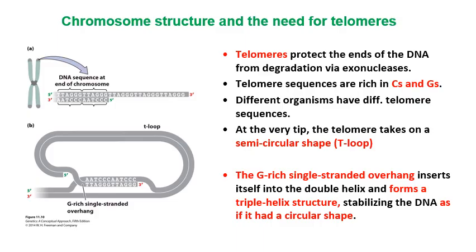So there is another trick that the linear chromosomes have to avoid fusing and avoid degradation and to protect the ends of the chromosomes. Okay? So not only do you have those protein interactions, but you also have this cool little loop that forms at the very end of the chromosome. So look what happens here.